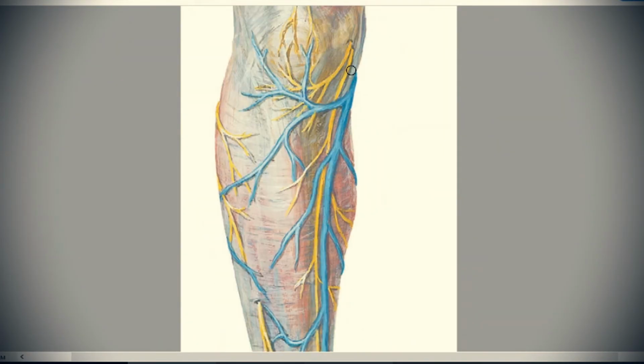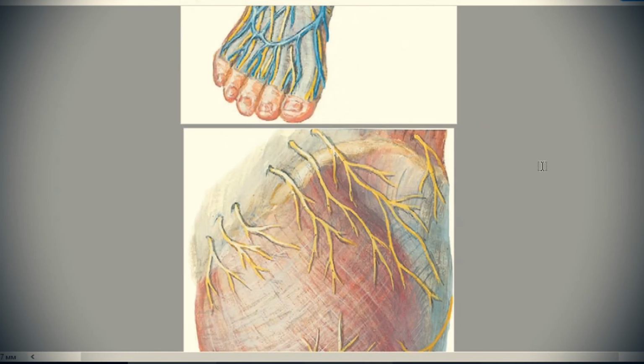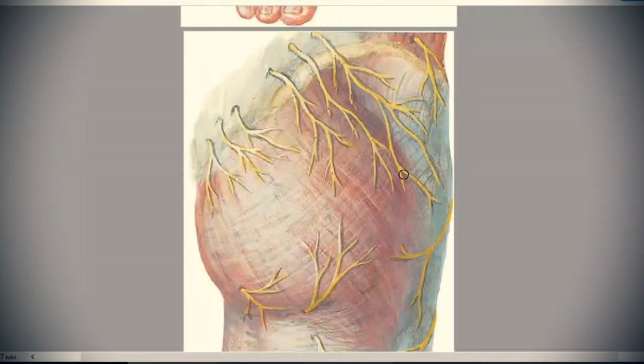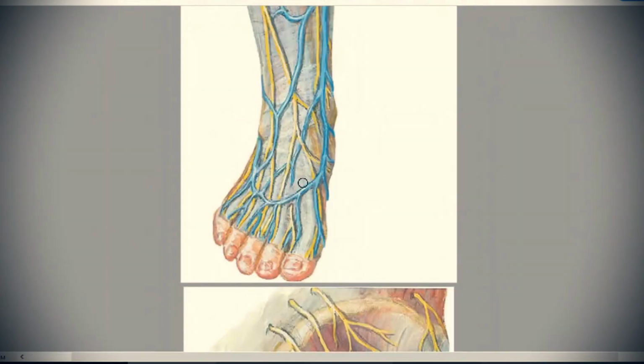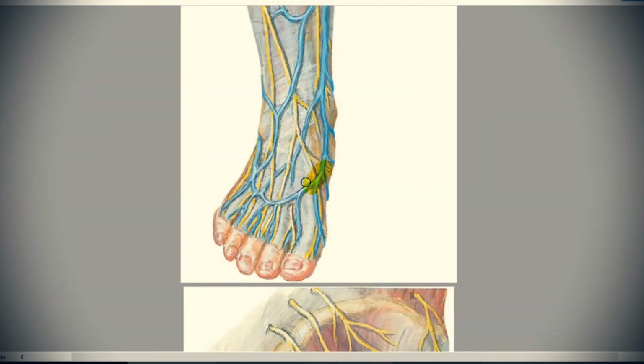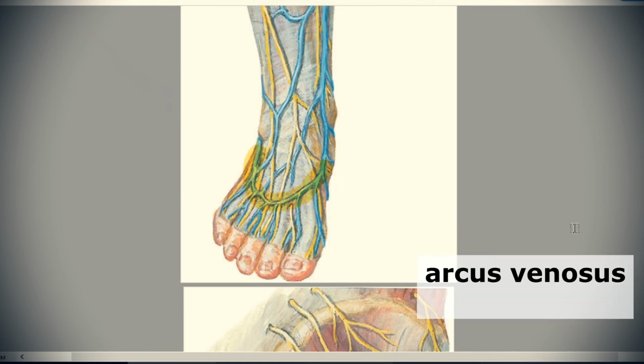And on the lower limb we have only two superficial veins, big and small, or great and lesser. So everything begins on the dorsal side of your foot. As you can see, from your vena metatarsalis dorsalis, they all fuse and create your dorsal venous arc, arcus venosus dorsalis pedis.